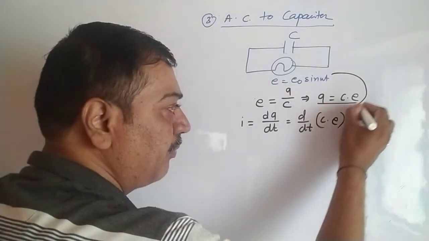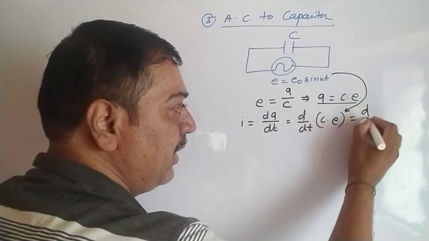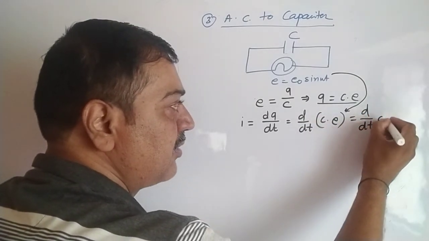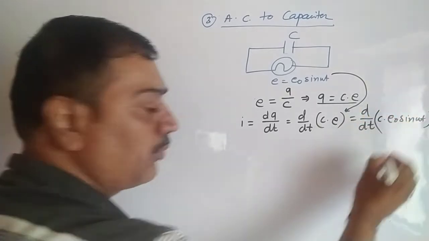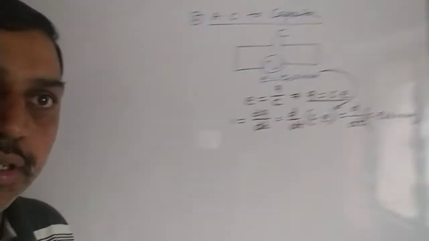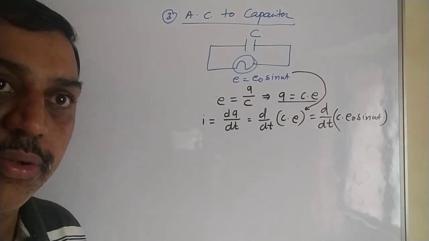Put this value here and rewrite this. We can write d/dt of C into E0 sine of omega t.